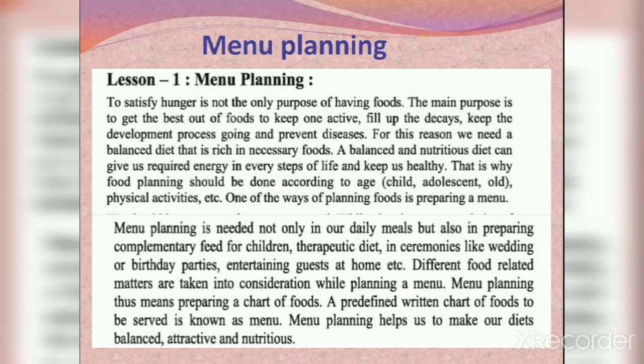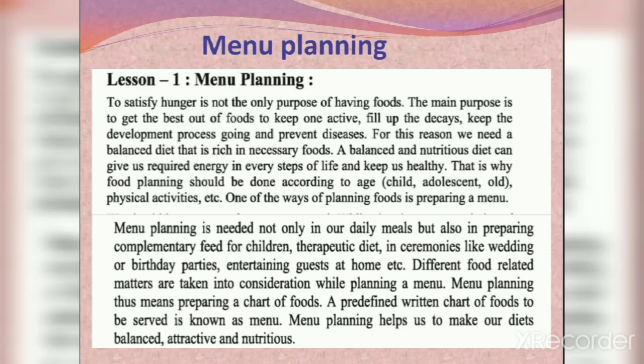One of the ways of planning foods is preparing a menu. Menu planning is needed not only in our daily meals but also in preparing complementary feed for children, therapeutic diet, in ceremonies like wedding or birthday parties, entertaining guests at home, etc. Different food related matters are taken into consideration while planning a menu.